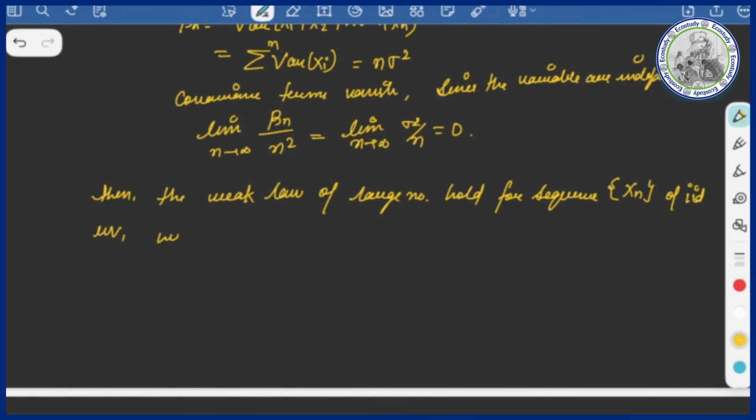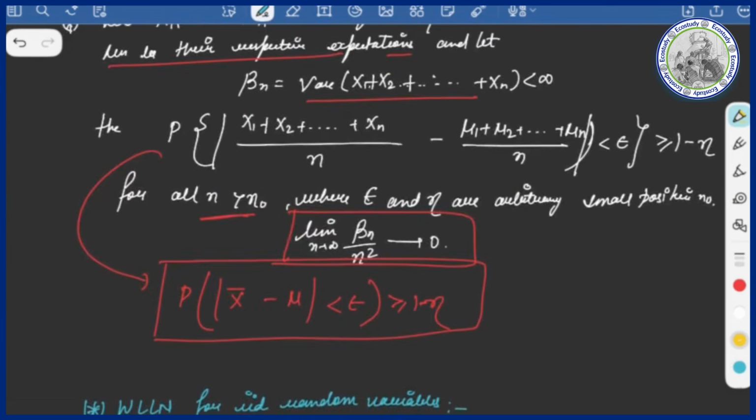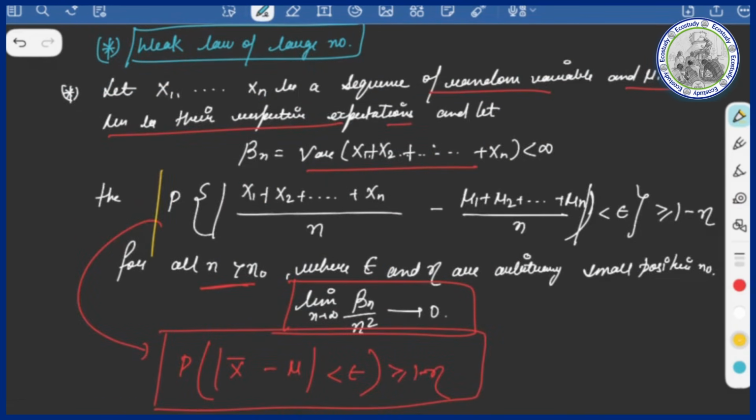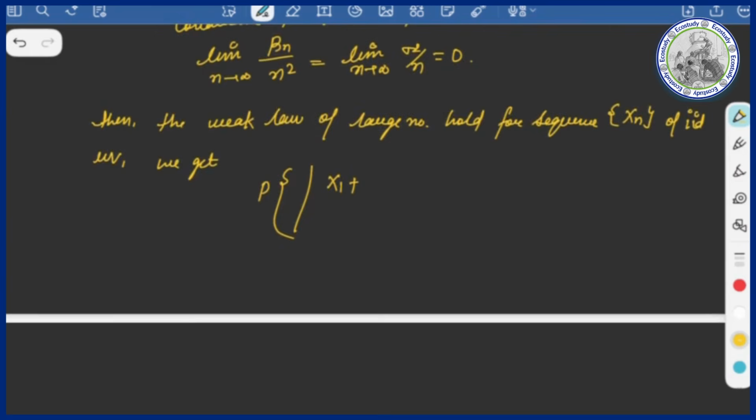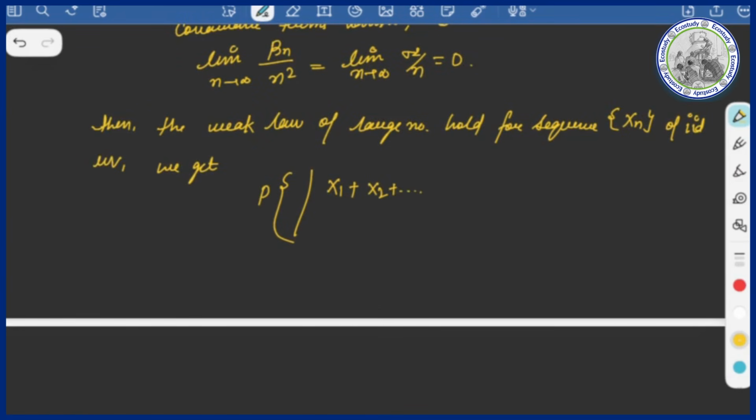We get the probability of, I am writing the above form, that is, the probability of |(X1 plus X2 plus dot dot dot plus Xn)/n minus mu| less than epsilon is greater than 1 minus 1 upon n for all n greater than n naught.